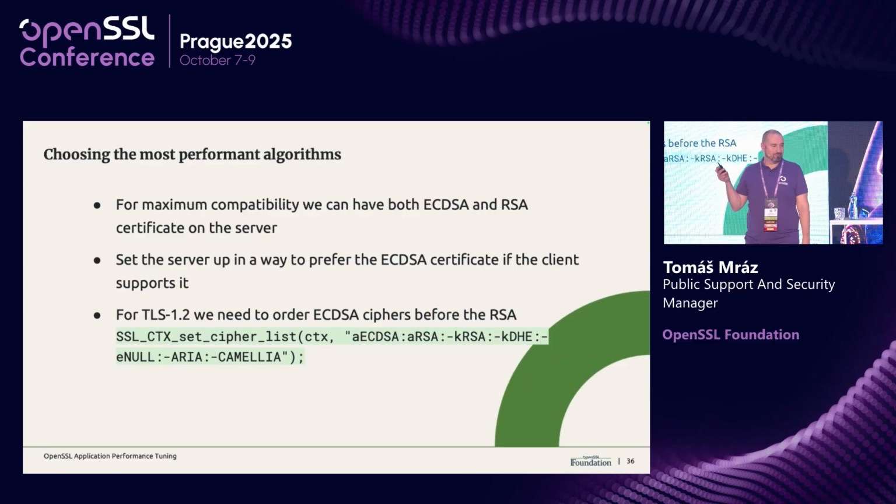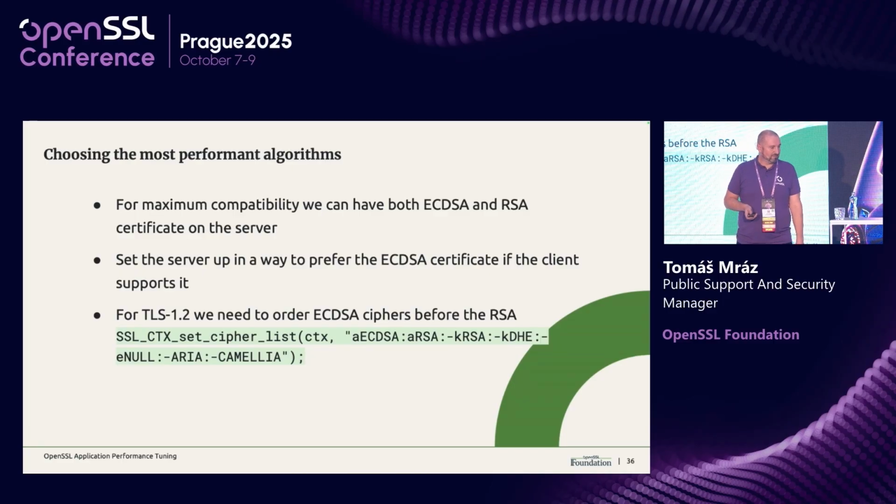And so most likely we would like to have both ECDSA and RSA certificates if we want maximum compatibility. So we can set the server in a way that we prefer the ECDSA certificate if the client supports it, but we fall back to the RSA certificate.